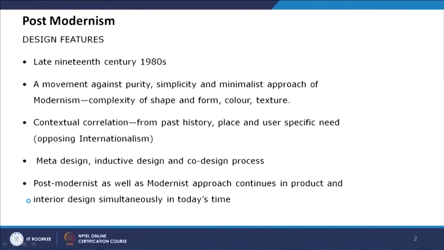Other features are the movement against purity, simplicity and the minimalist approach. Mies van der Rohe said in the internationalist movement that less is more, and that approach led to minimal form, the basic pure form, with minimal clean design.